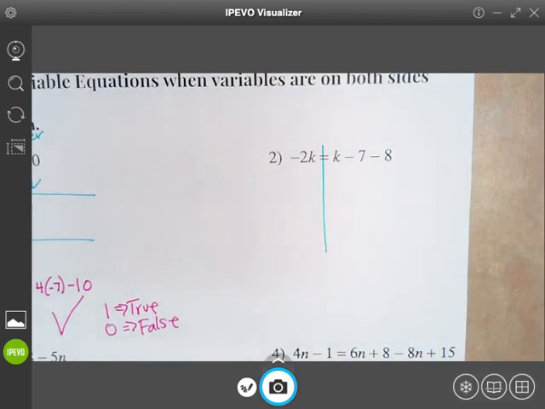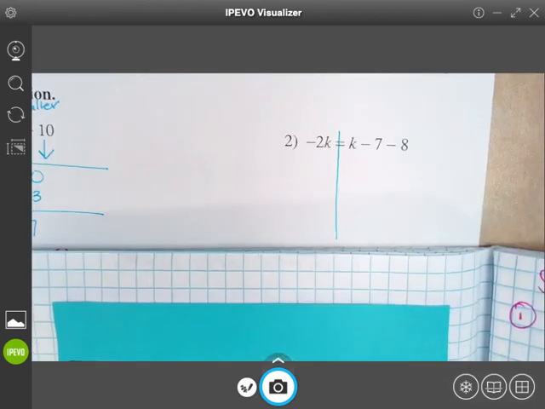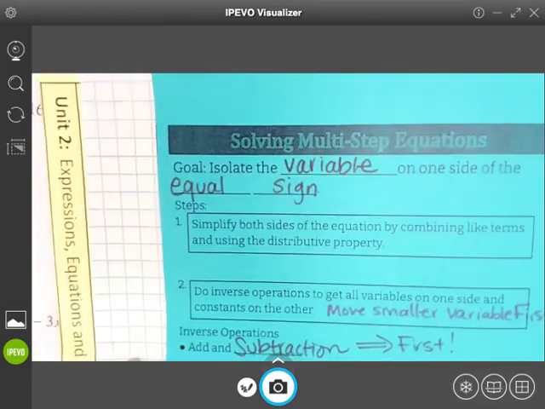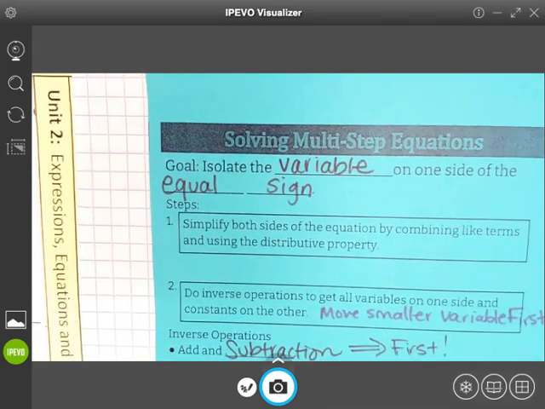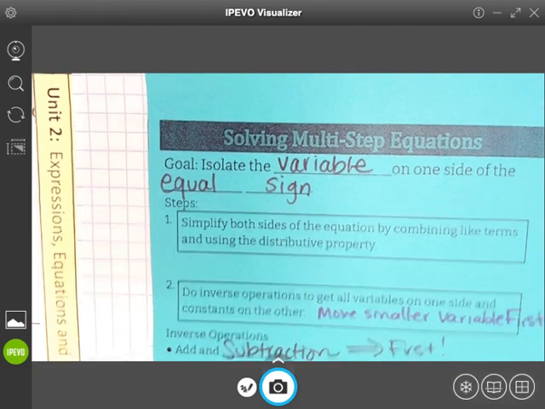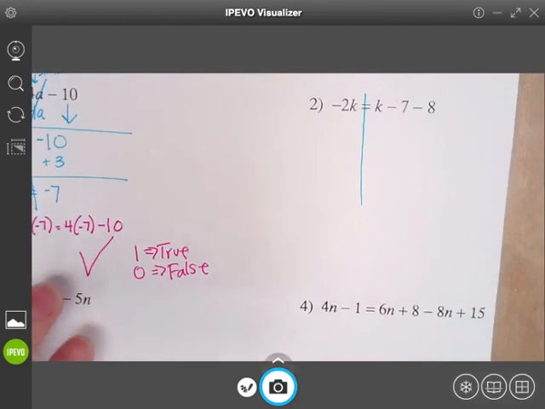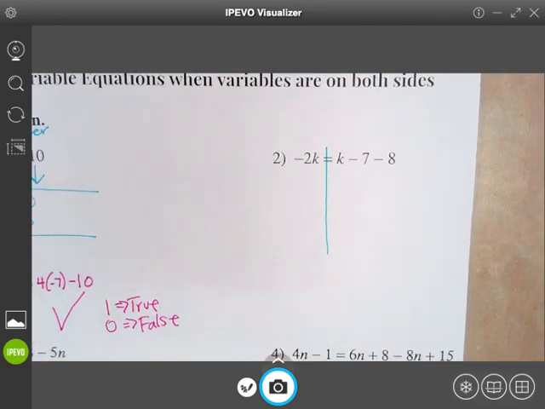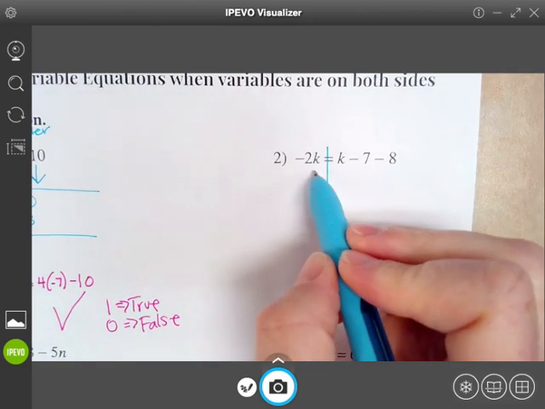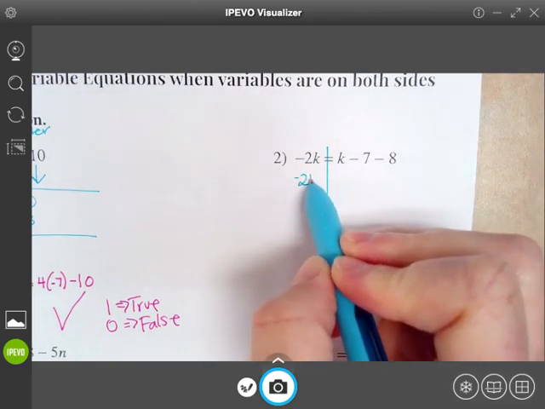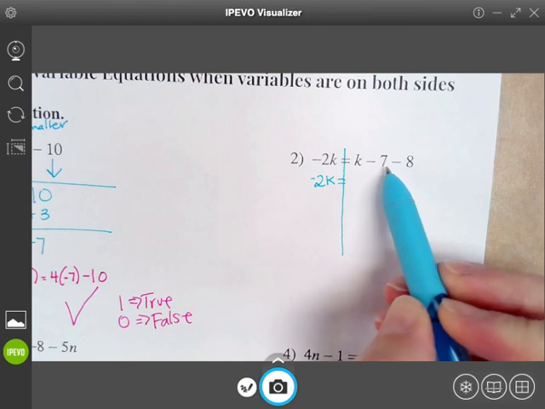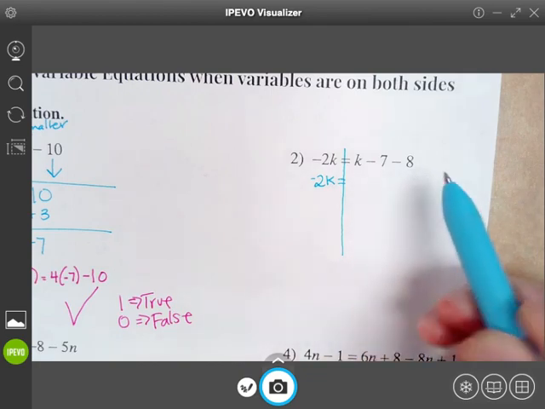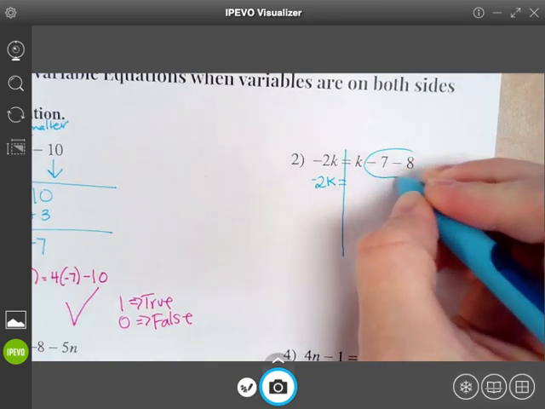So remember what step 1 says over here? It says simplify both sides of the equation by combining like terms and using the distributive property. So if we look at this, the -2k, there's nothing to do there. But this side can be simplified by combining these like terms.